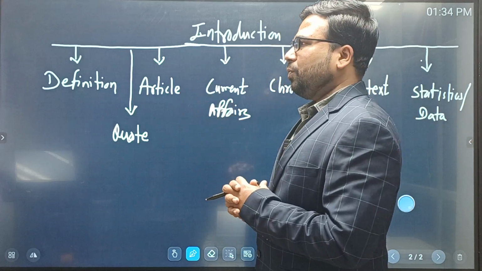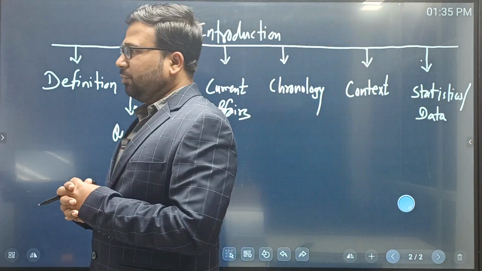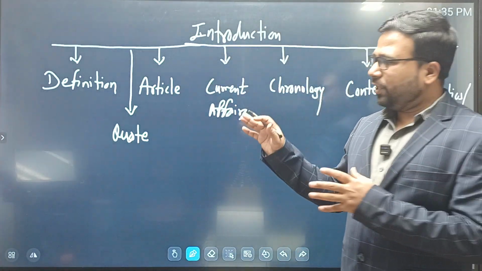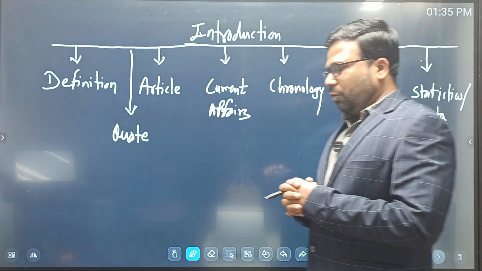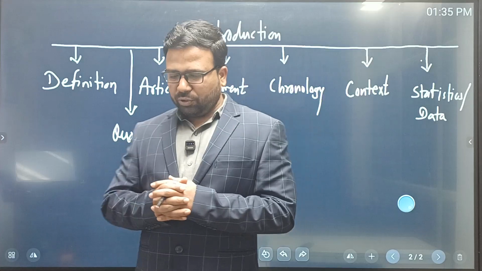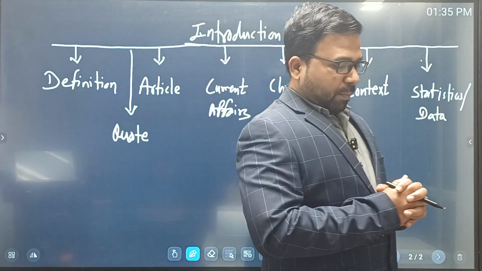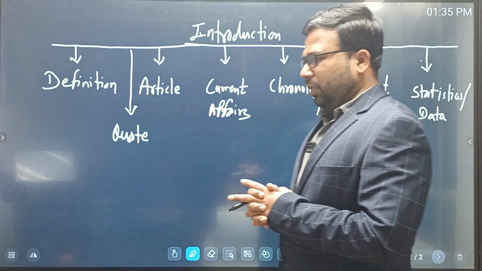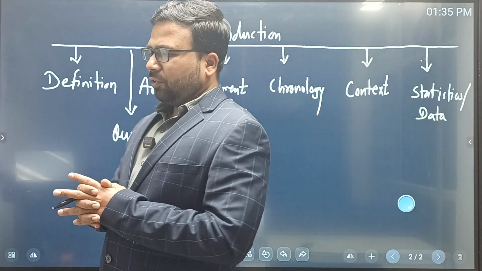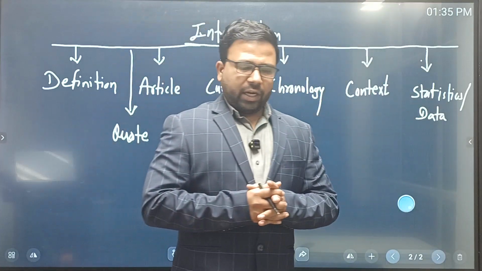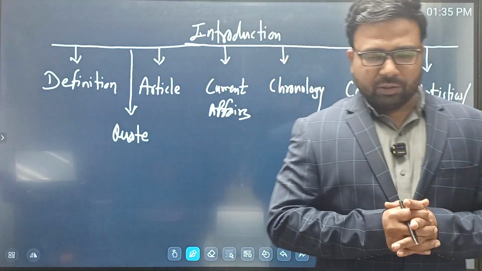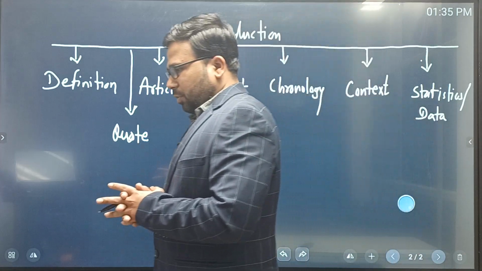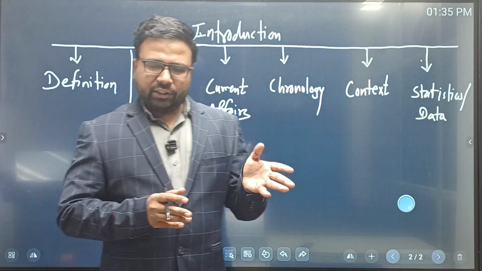Okay, so again that Naxalism question I am now framing in a different way. Now I am framing the question based on the topic of Naxalism, that currently Naxalism in India has come down to just a few districts and very few states, say Jharkhand, Chhattisgarh.